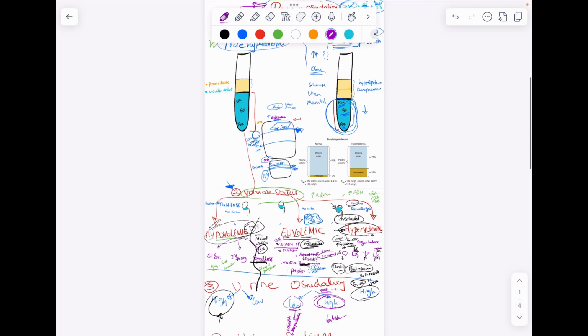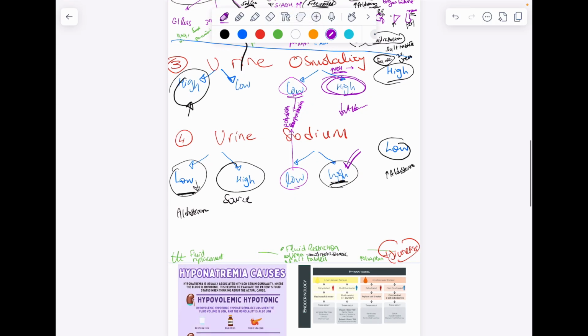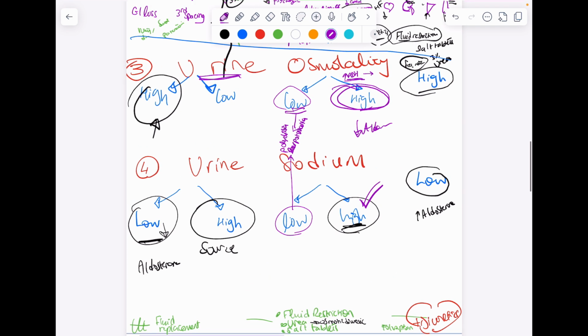Once you figure out it's true, evaluate the cause by the patient's volume status in order to initiate treatment. Am I going to give fluids or am I going to restrict fluids based on the patient's volume status? But in order to figure out the cause for sure, it's the urine osmolarity and sodium. It's the urine lytes, as they call it, that will help you figure out exactly.